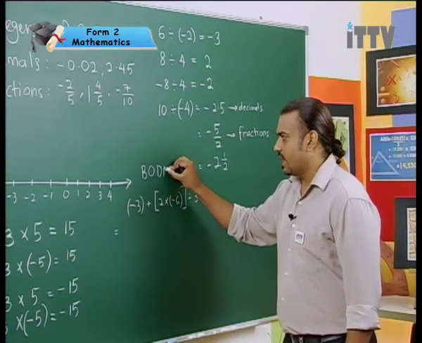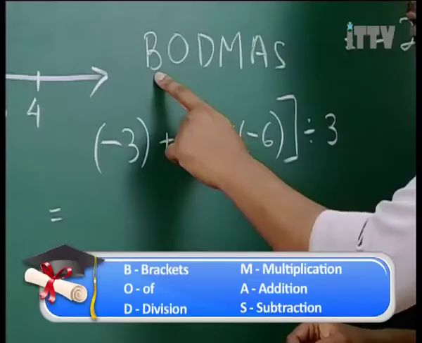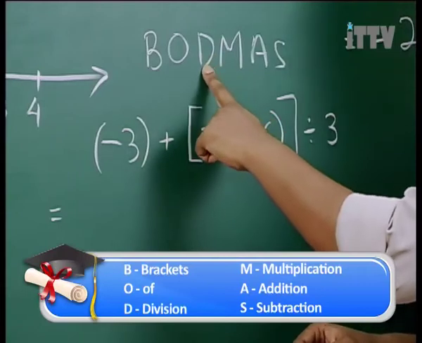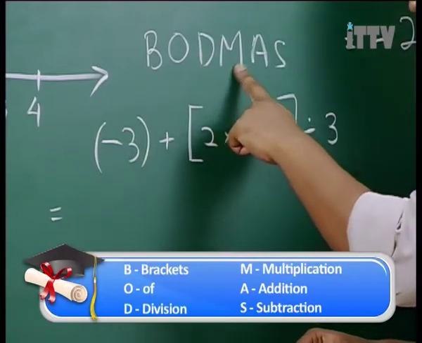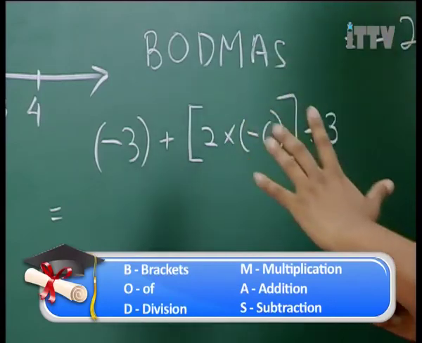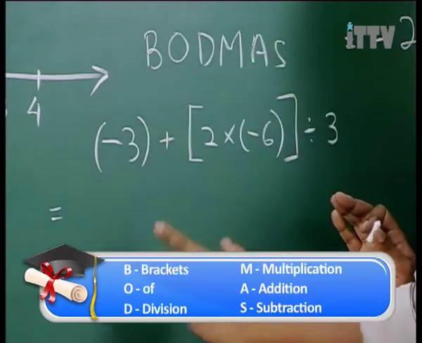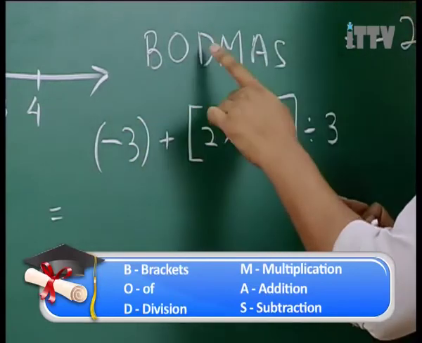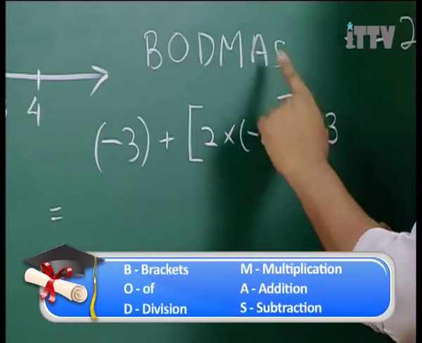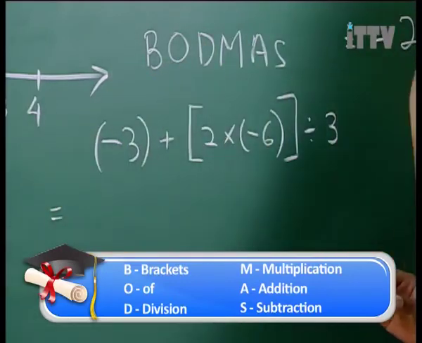Now, probably everybody heard this before. Let me just say them to you. B is for brackets, division, multiplication, addition, and subtraction. So that means if in any operation that is given to you, you have to carry out the brackets first, followed by division, multiplication, then finally addition and subtraction. And always remember, try to move from left to right.